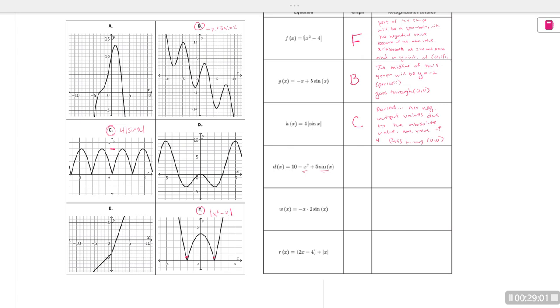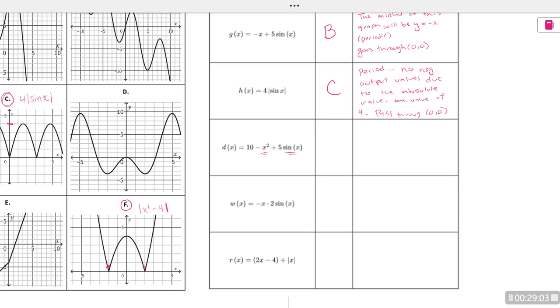So let's think about the y-intercept on this one, because this 10 stands out clearly. Remember, the y-intercept of sine of x is 0, and of x squared is 0, so adding 10 plus 0 plus 0, the y-intercept should be 10. 0, 10.